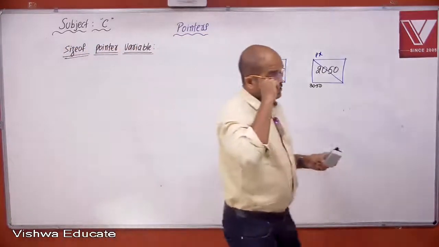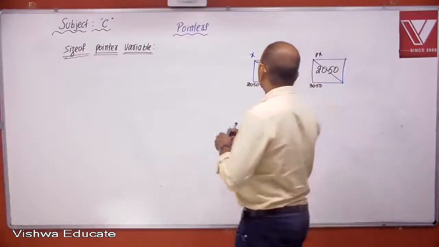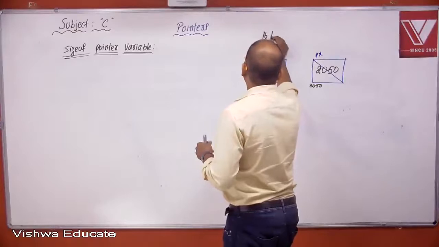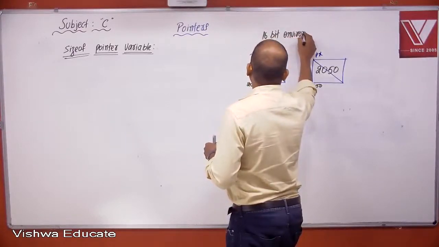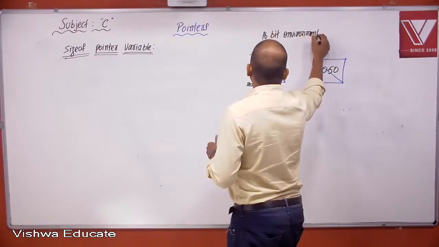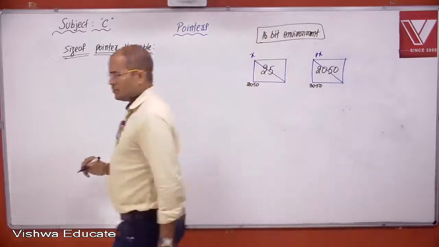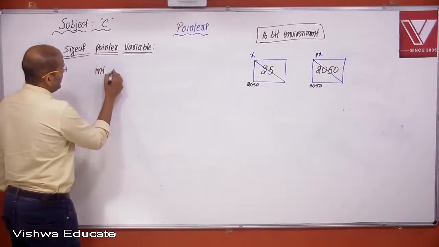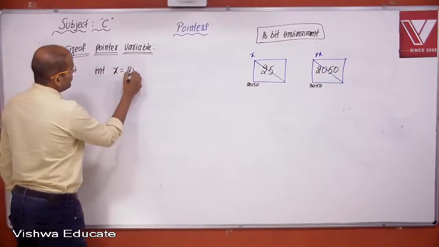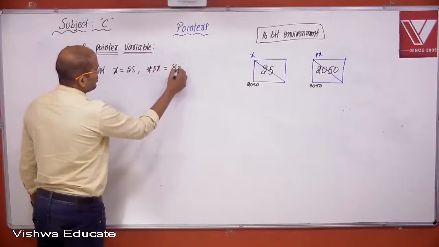Let me teach you the concepts with respect to a 16-bit environment. The same example. I say int x is 25, pointer px is address of x.